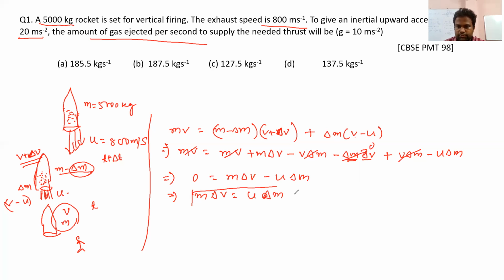So this relationship is very important. Now you can do one thing. You can divide by delta t, so you can get the rate of change of this mass or this velocity. So m delta v by delta t is equal to u delta m by delta t.